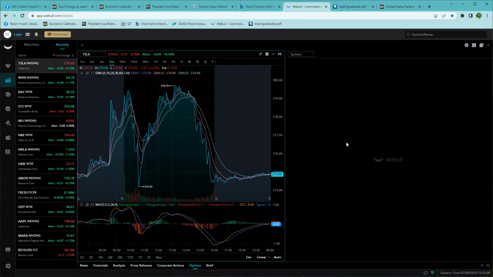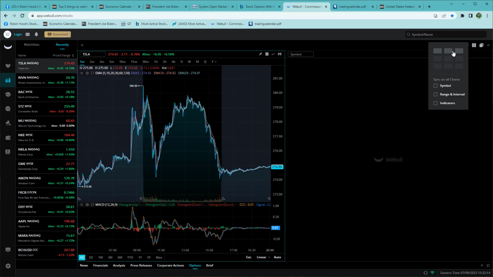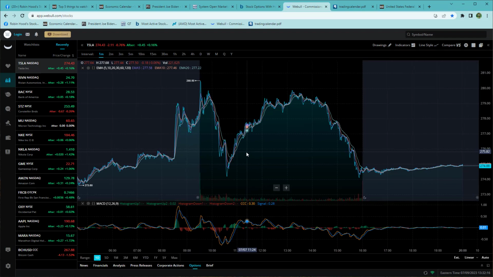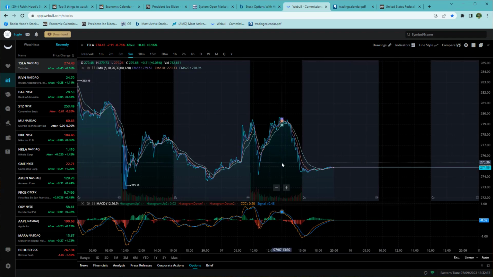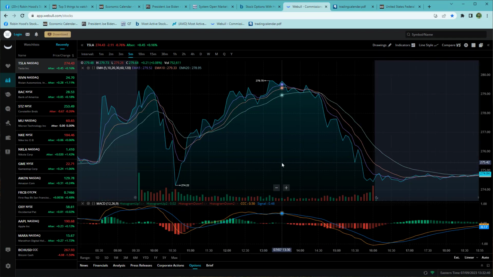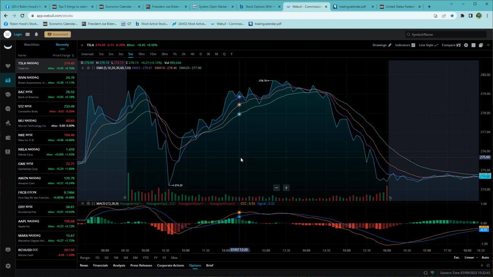You can do a split screen, but it's typically recommended to use the 1 minute chart within the first hour, because after the first hour things start to get a little weird. But if you switch from the 1 minute to the 5 minute graph after the first hour, it smooths things out and makes it easier to read. And it's easier to read if you zoom in, because we need to see exactly what's going on.